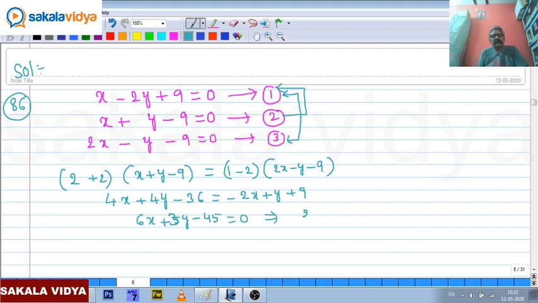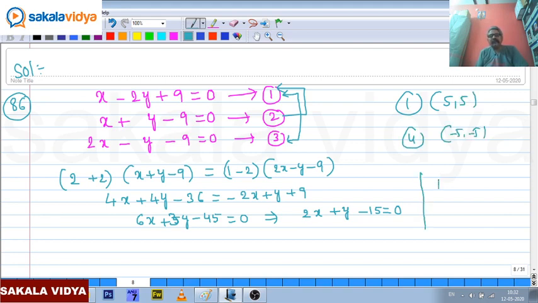Divide by 3. 2x plus y minus 15 is equal to 0. Now substitute the options. Only two options are left over here. 5 comma 5 and last fourth option minus 5 comma minus 5. Substitute here. So 10 plus 5 minus 15. 15 minus 15 is equal to 0. Yes, first option is the right option. 5 comma 5.